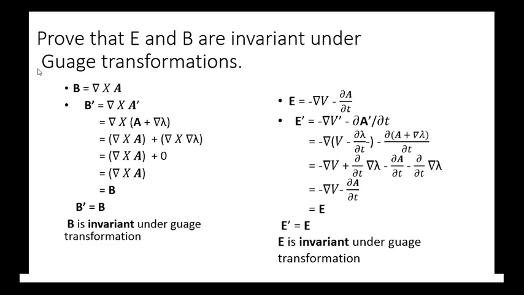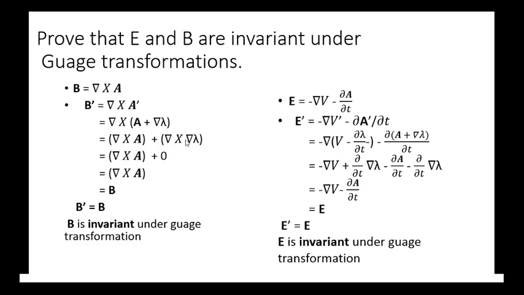So B dash is equal to del cross A dash. Del cross A dash is A plus del lambda. Opening the bracket, you will get del cross A plus del cross del lambda.